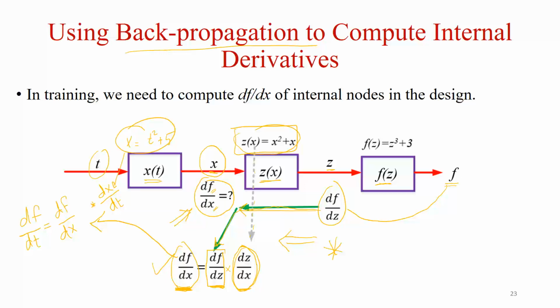Okay, this process of pushing back the derivative results is what is referred to as backpropagation, and it uses fundamentally the chain rule. So now that's what we'll be doing in the next slides.